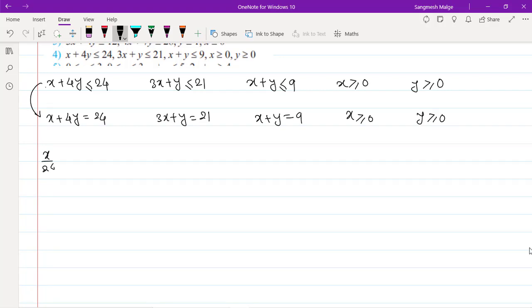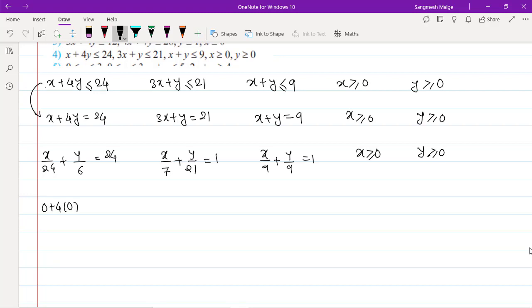X by 24 plus y by 6 equals to 1, x by 7 plus y by 21 equals to 1, x by 9 plus y by 9 equals to 1, x is positive and y is also positive. Okay, let's check for the origin whether 0, 0 is satisfied. So 0 plus 4 into 0 less than or equals to 24, 0 less than or equals to 24, no problem.